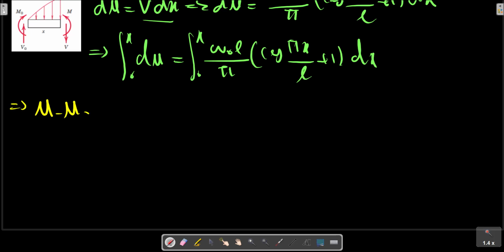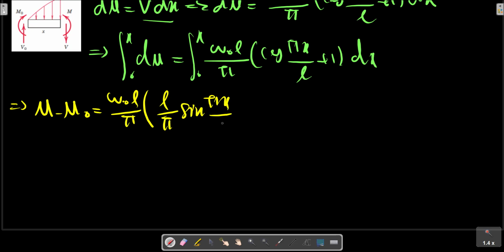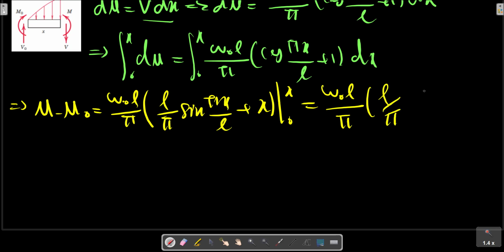M equals omega, plus x, from 0 to x. Sin(pi x) plus x, and in the zero condition we have two parts 0.